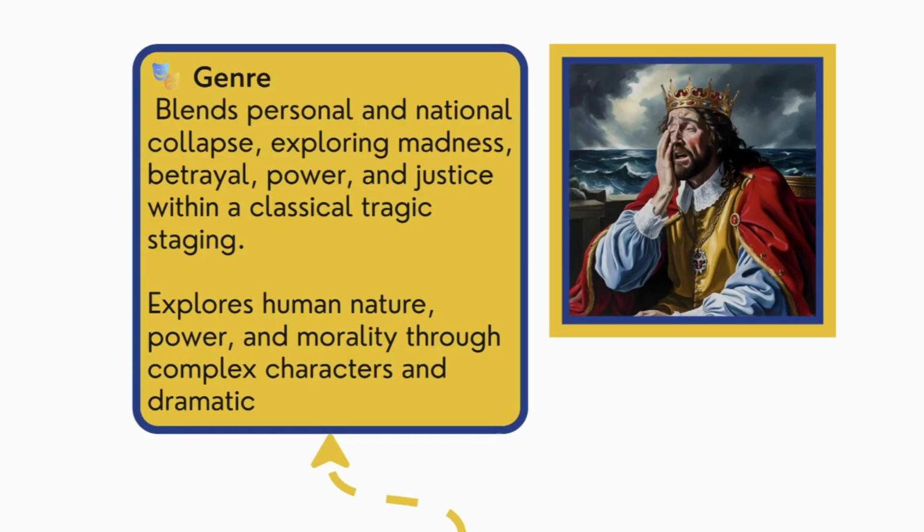So it's extremely thematically rich and very, very political. It's very important to understand that. And it explores, as Shakespeare normally does, human nature. The nature of political power and morality is really close to Shakespeare's heart, through very complex characterization.